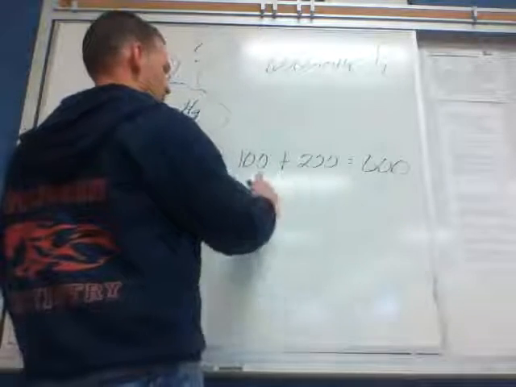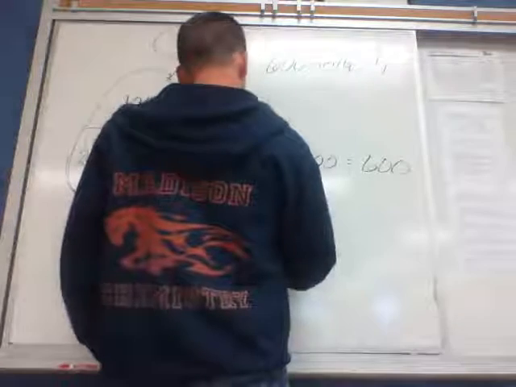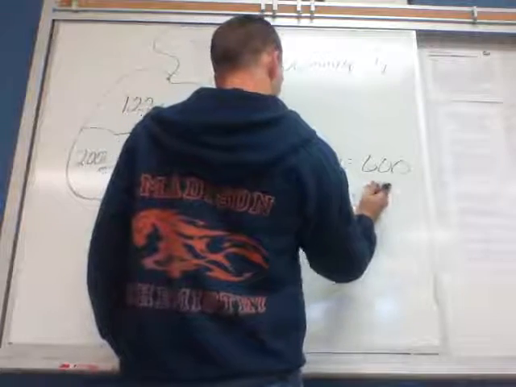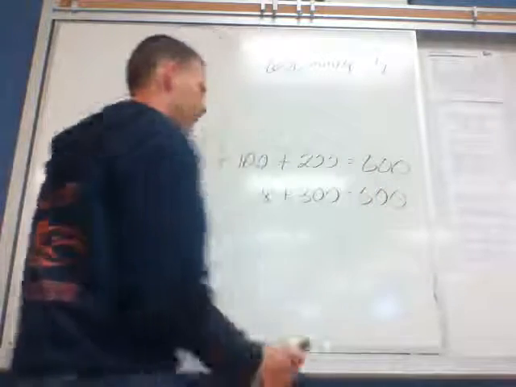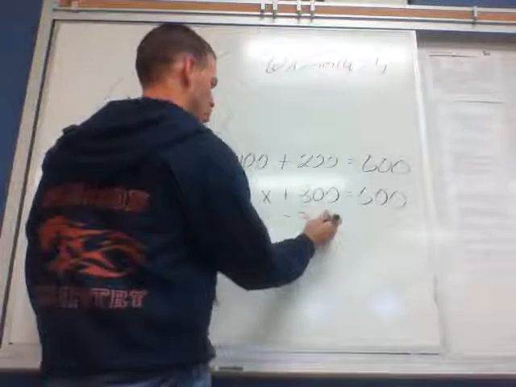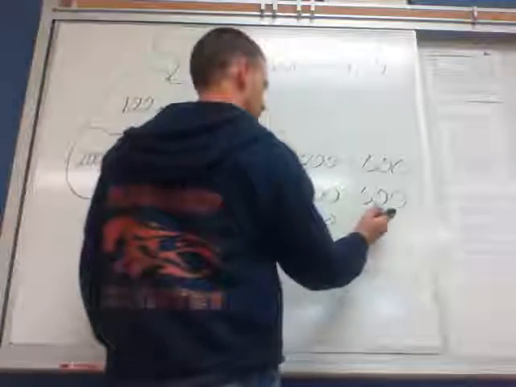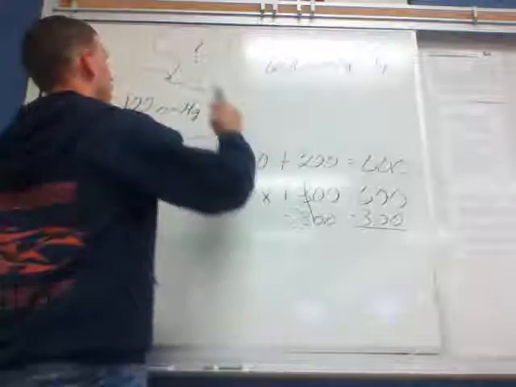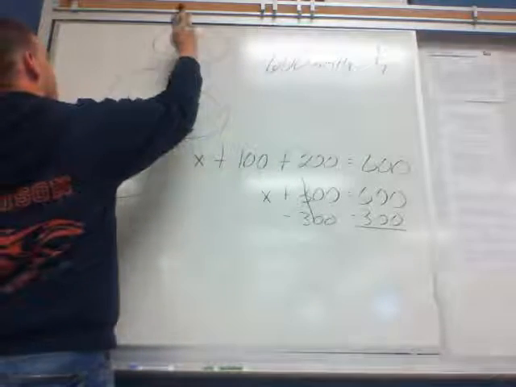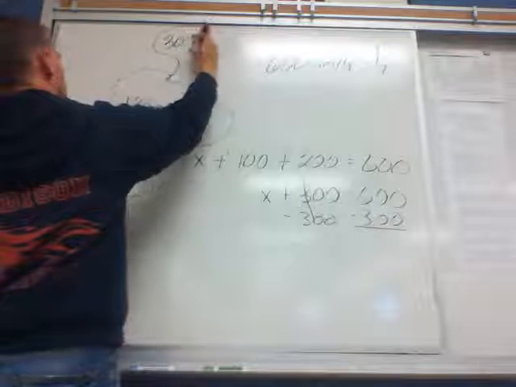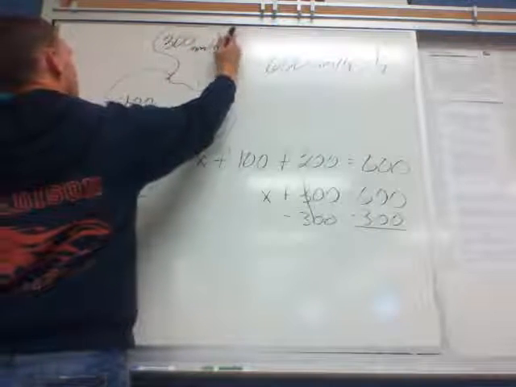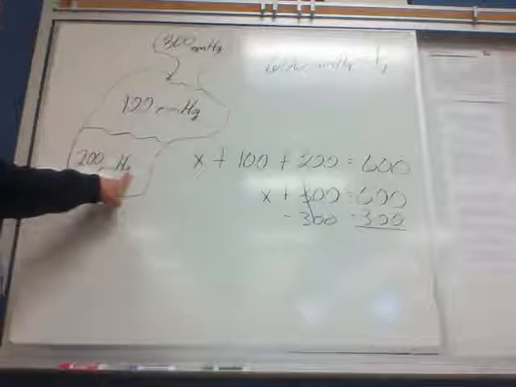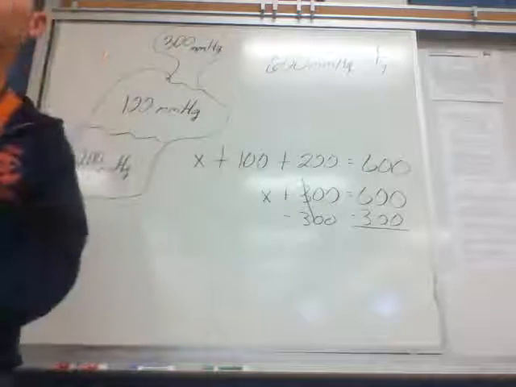But to simplify, 100 plus 200 is 300. To get the x by itself, you would subtract 300 from both sides. 600 minus 300 is 300. And now it's true. If you add up all the partial pressures, it equals the total pressure.